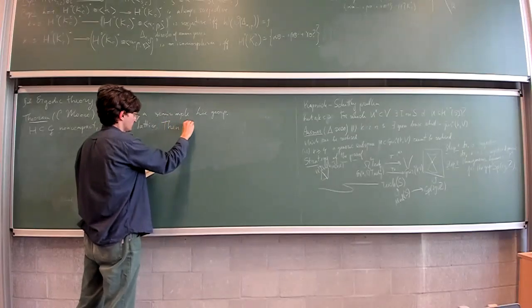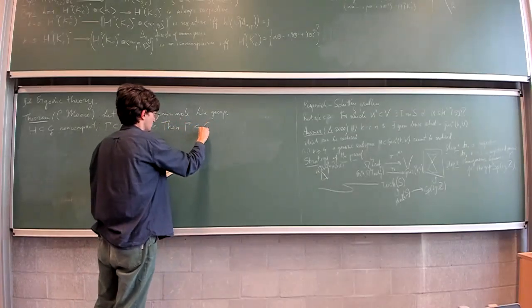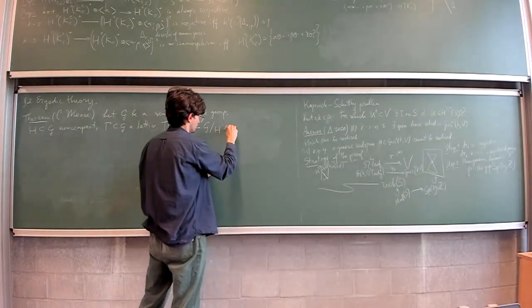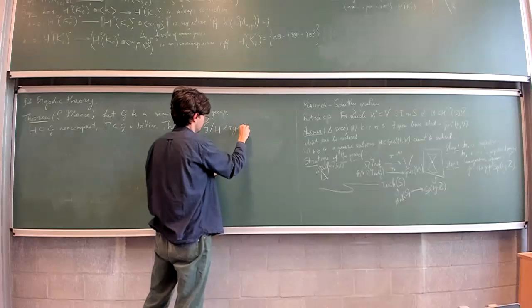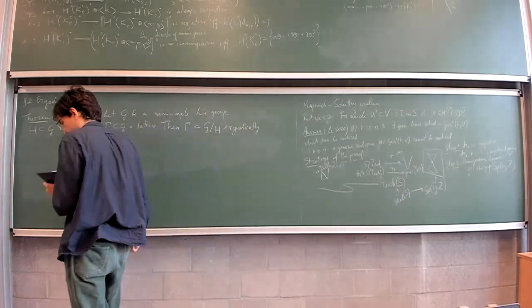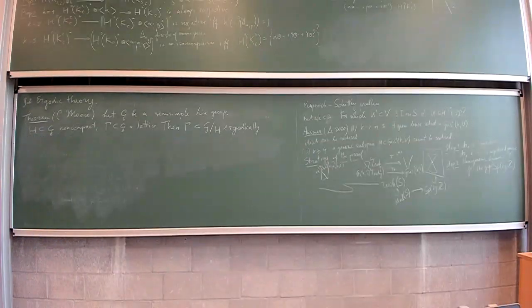Then gamma acts on G mod H ergodically, meaning measure preserving and with the invariant subsets either of full measure or of measure 0.